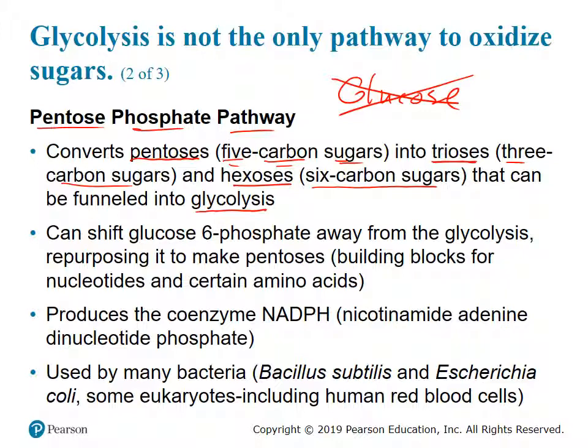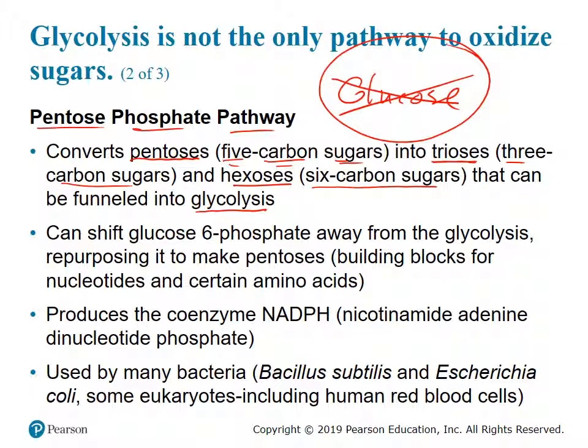What we're seeing here, and the reason why this is an alternate pathway, is that sometimes an organism cannot get glucose. They cannot harness glucose in the environment. It might be a change in the environment, that nutrient is not there.